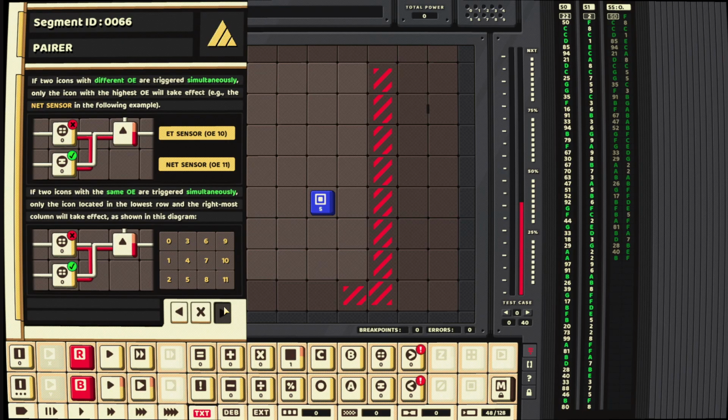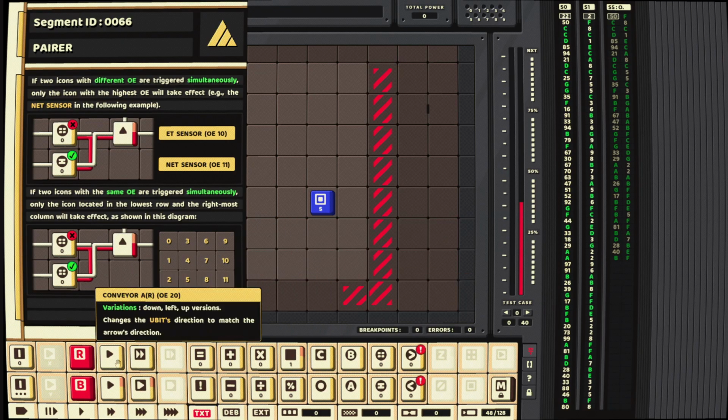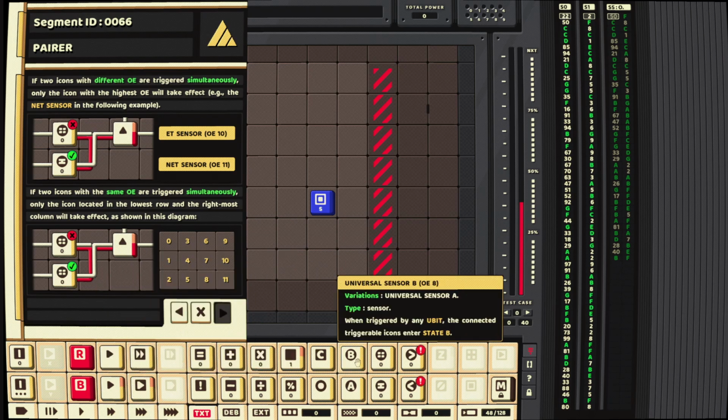Okay. Interesting. So this sensor we were looking at is OE20 or whatever. Conveyors are also OE20.